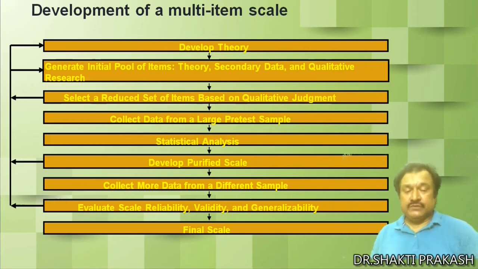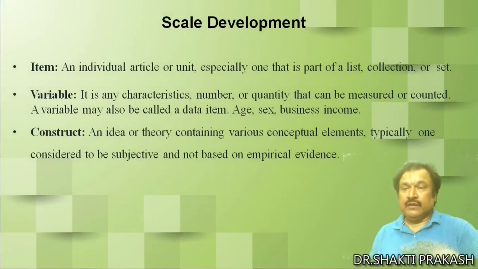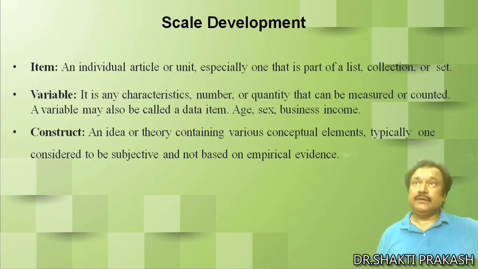What are items? An item is an individual article or unit, especially one that is part of a list, collection or set. Suppose we are going to analyze the services of a bank.